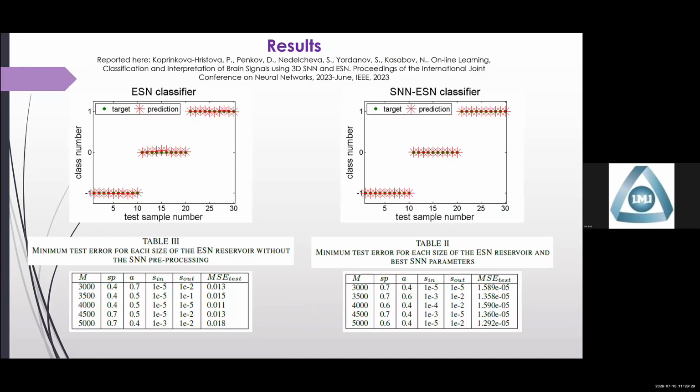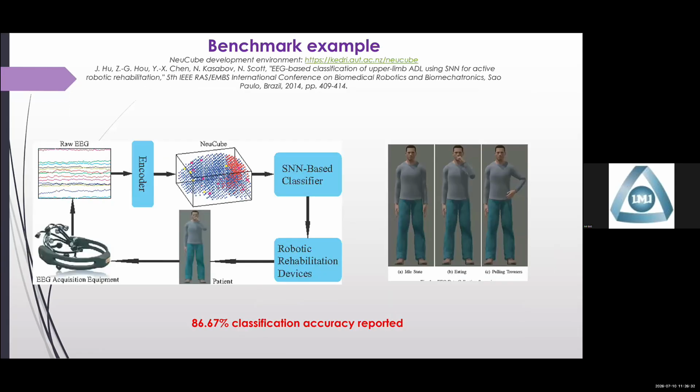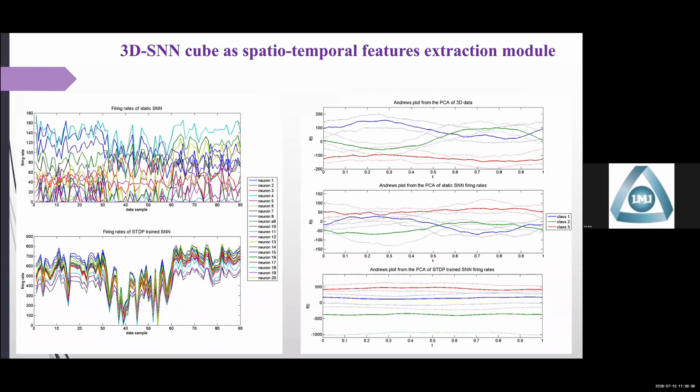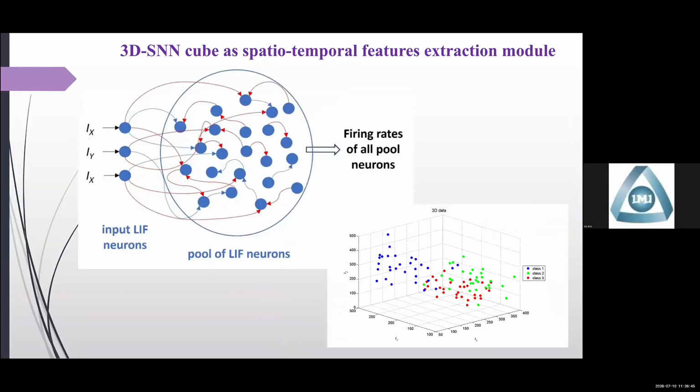Yes? Why are spiking neurons better? The intuition is that after STDP training, you see the spiking activity depends on the inputs. Here we have a very, very simple example feeding only constant input currents. But these constant input currents are spread into three clusters.